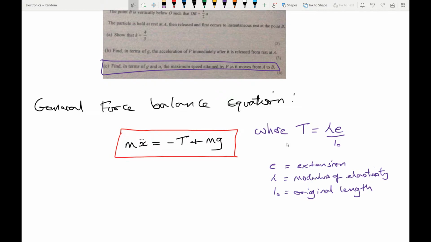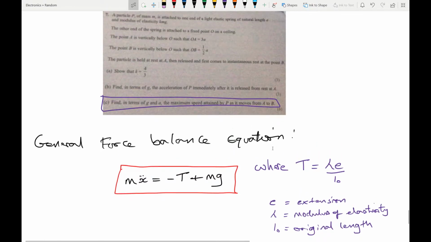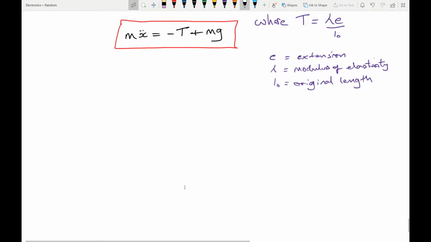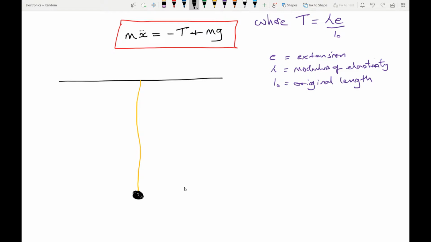So if we write this out to illustrate what's going on in the actual question, where we have a mass hanging from a ceiling connected to a spring. So there's my spring, which I'm just going to model as a straight line. There's our mass P. And this entire distance is 3a.